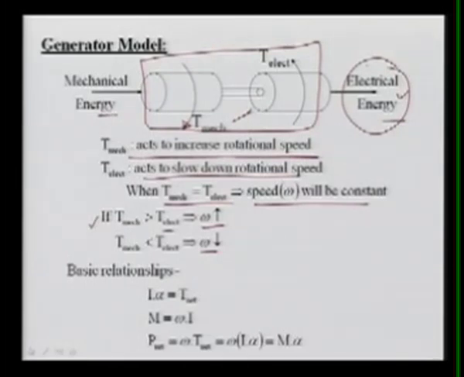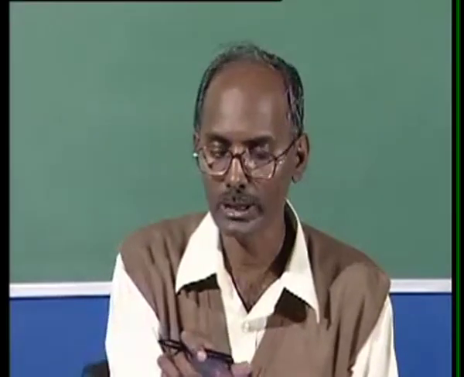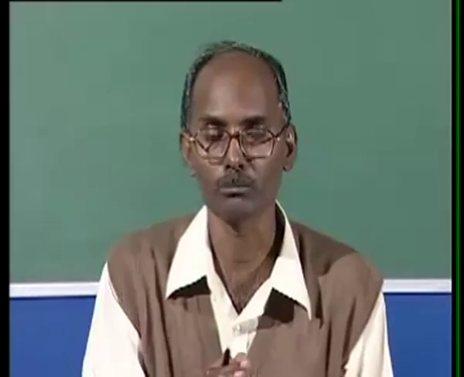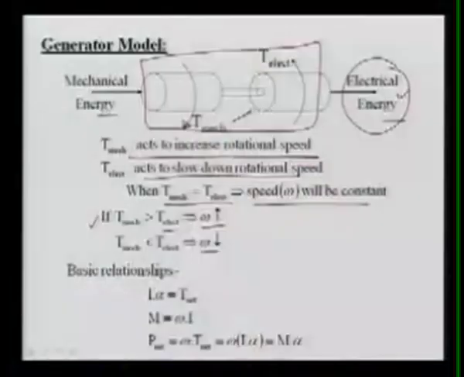To model this, we have to use the rotating body concept, because there is some energy input and output. It has some inertia, the inertia constant, which I have denoted I, and it is rotating with angular speed omega.